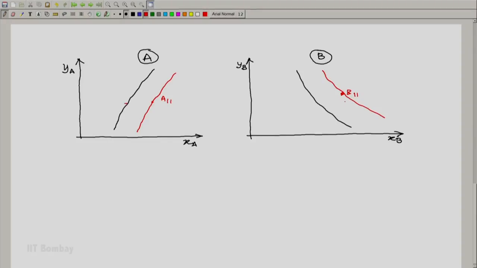We can repeat the experiment. For example, we can take another state in A and find out an isothermal state in B, and extending the experiment, we may find a green isotherm in the state space of B and a corresponding green isotherm in the state space of A. Again, if we are exploring in detail, we may get a pink isotherm here and a pink isotherm there.